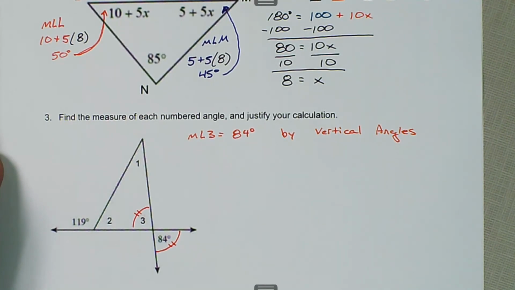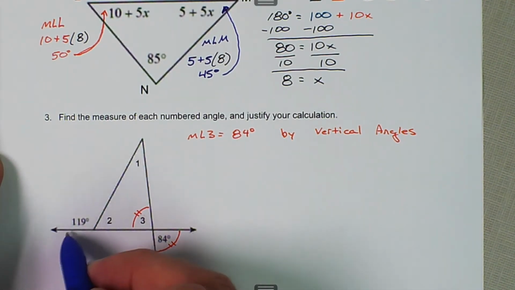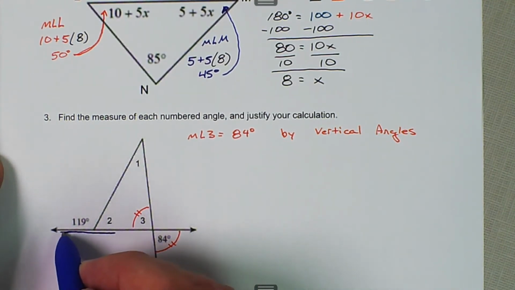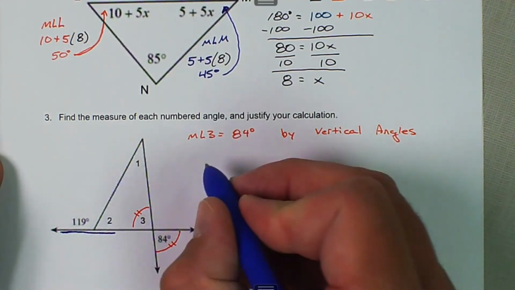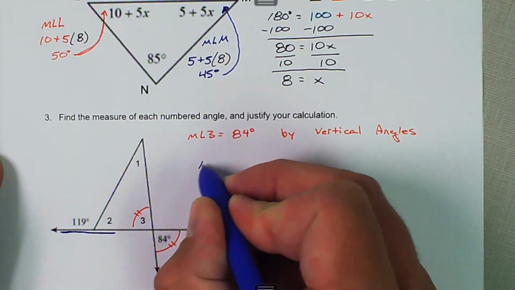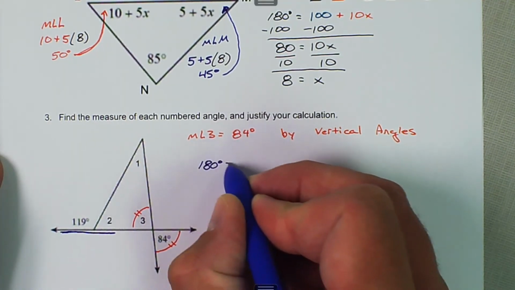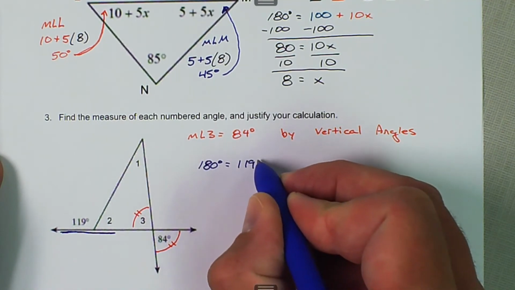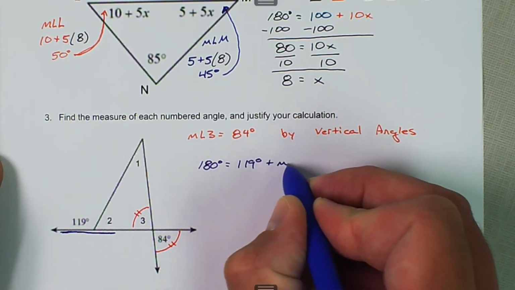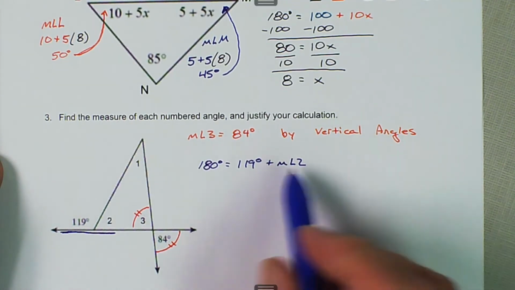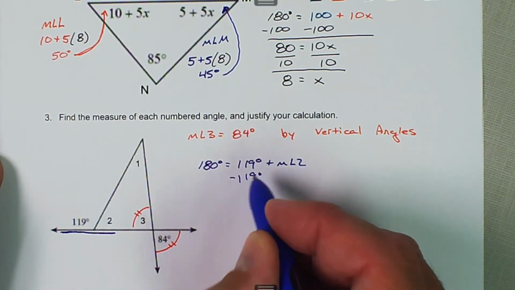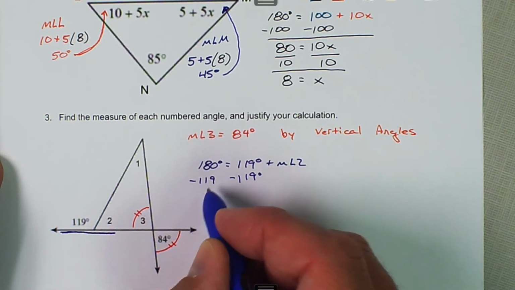Next one, not quite as straightforward, but still pretty straightforward. We see that these two angles right here make a linear pair. So I know that a linear pair is equal to 180 degrees. So 180 is equal to 119 plus the measure of angle 2. And then I want to solve to get the measure of angle 2. So subtract 119, subtract 119.